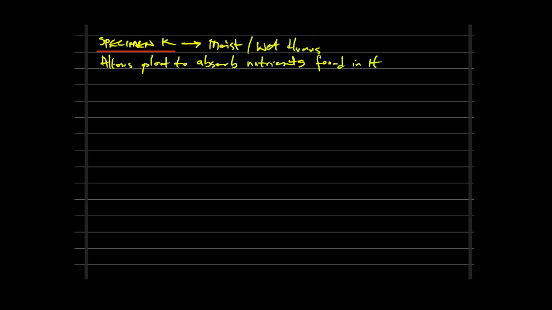In the moist humus, we have the presence of microbes. Microbes can be found in the wet humus. So those are the major differences between the dry humus and the wet humus.